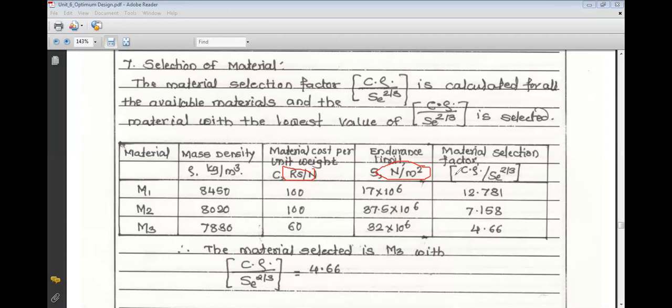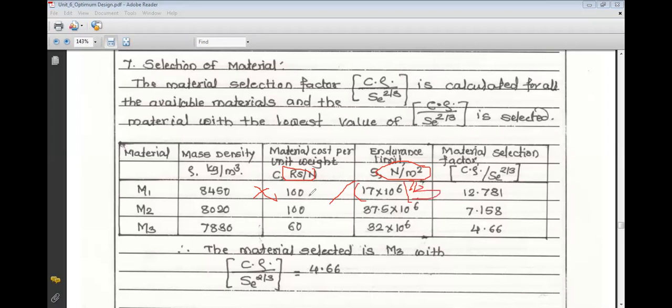The material selection factor is the C into rho, the multiplication of the first 2 columns, divided by the Sc raised to 2 by 3.